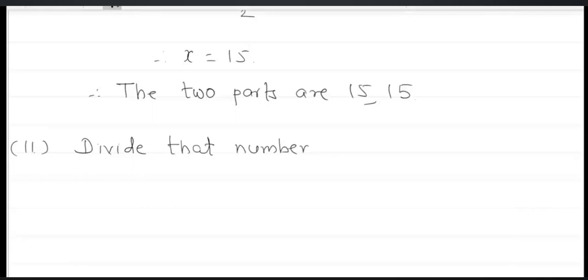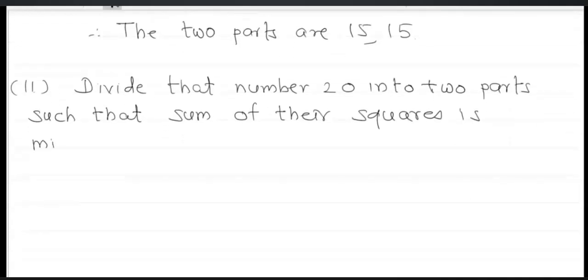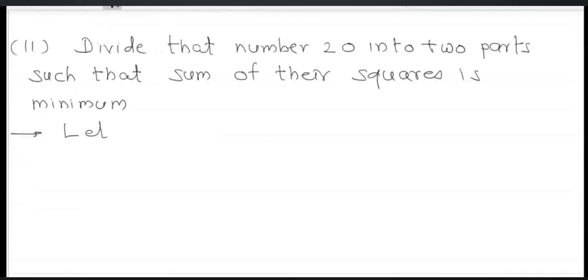Divide the number 20 into two parts such that the sum of their squares is minimum.